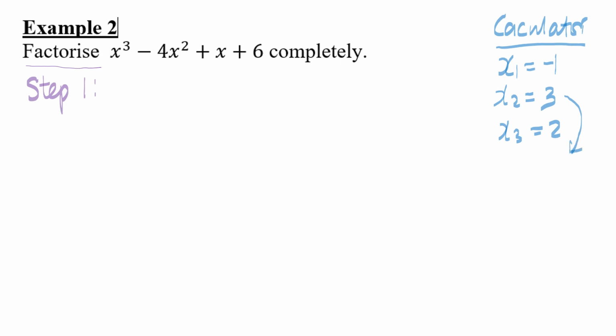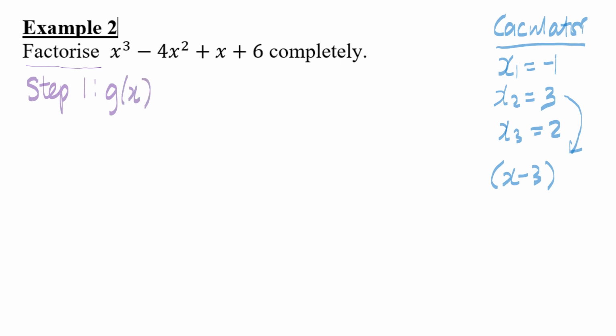So we need to convert that into a factor. So the factor will be x minus 3. All right, x minus 3 is the factor. Right, so step 1, we've already found our factor, and we're going to give the polynomial a name. We're going to call it g of x.